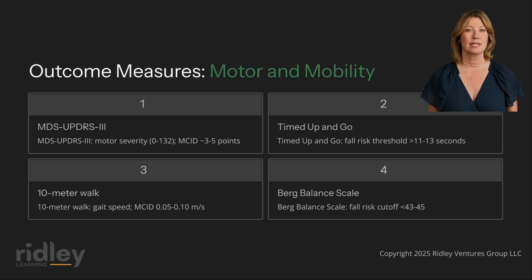The 10-meter walk test assesses gait speed, with minimal clinically important difference estimated at 0.05 to 0.10 meters per second. The 6-minute walk test evaluates walking endurance and cardiovascular function. The Berg Balance Scale provides a comprehensive 14-item assessment of static and dynamic balance, with established cutoff scores identifying fall risk. Scores below 43 to 45 indicate increased fall probability.